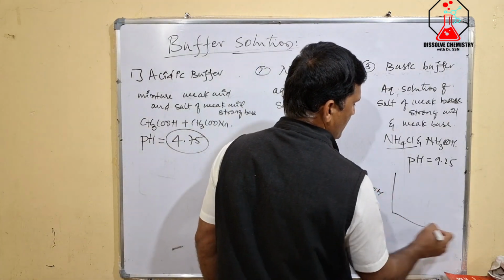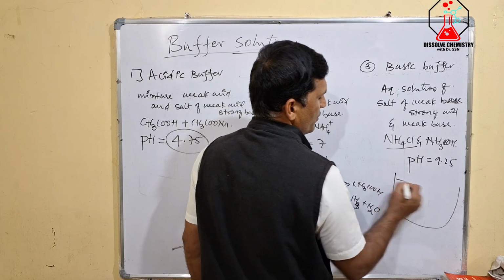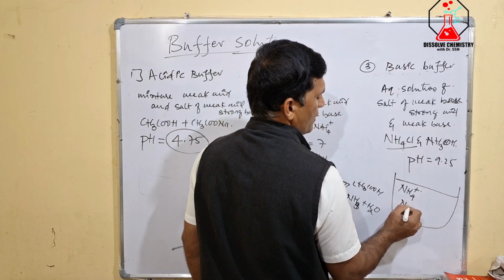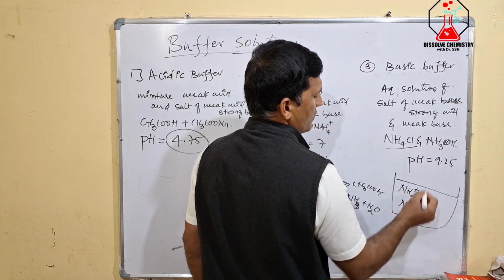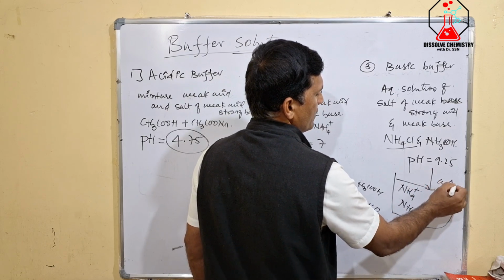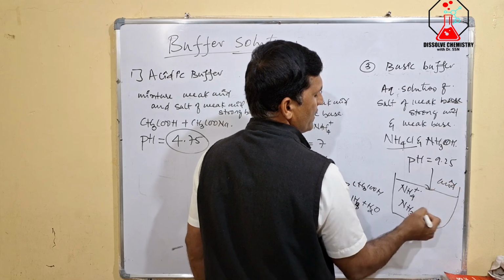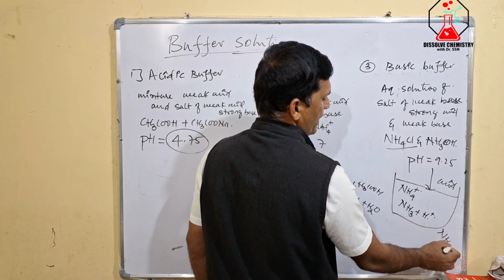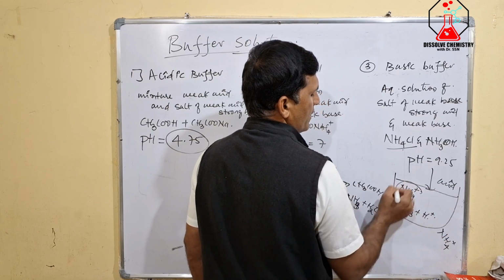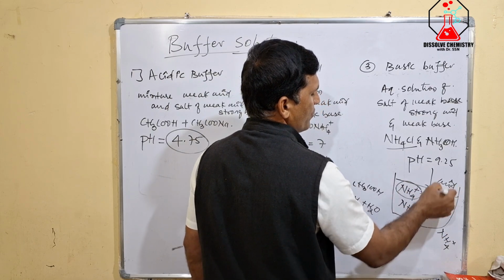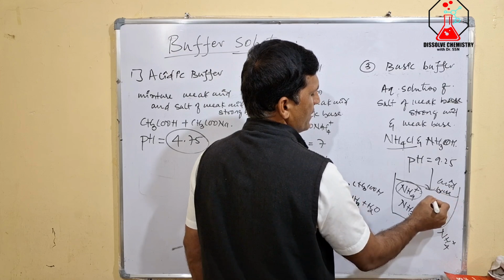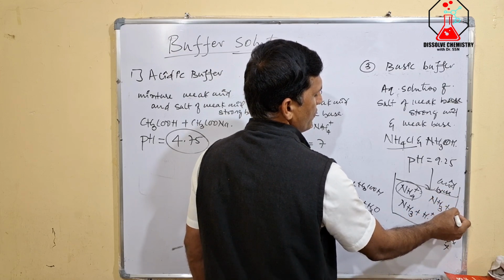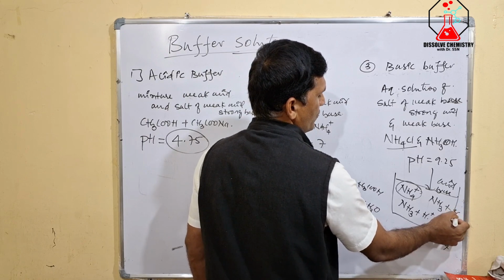Similarly, the last one: it will have ammonium cations and ammonia. If you add acid, then this ammonia will take up that proton and form ammonium cation. And when you add base, the ammonium cation will immediately give the proton and form ammonia plus H2O.